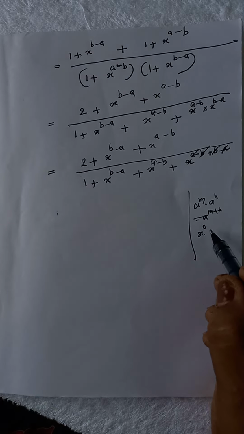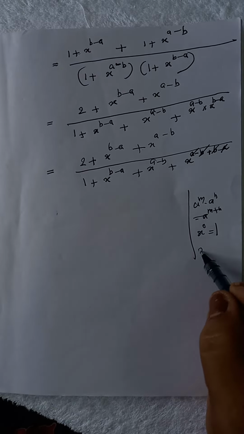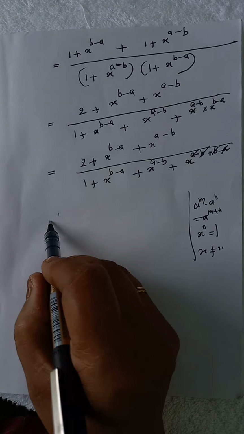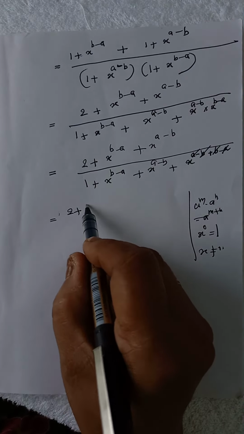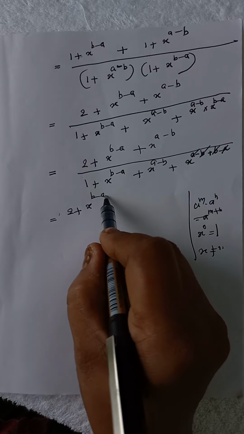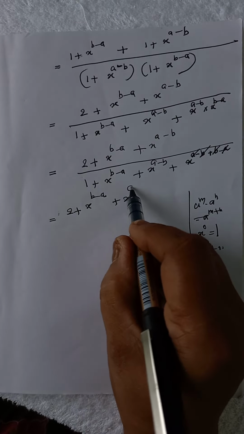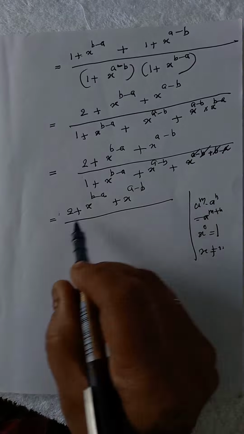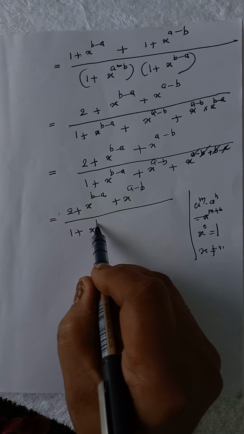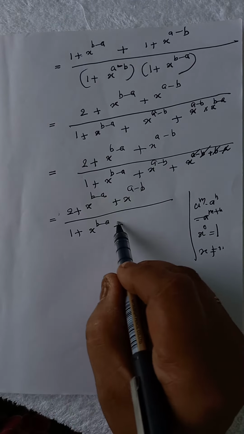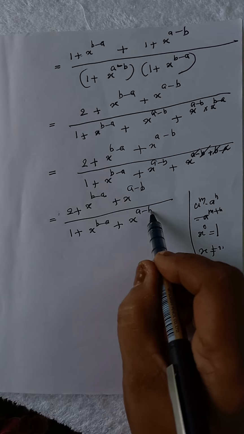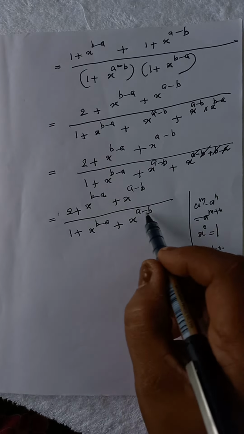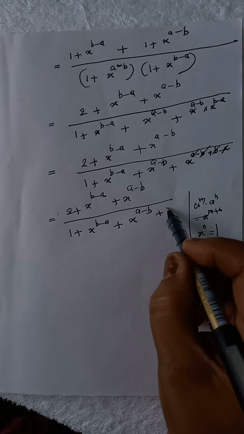So x raised to 0 is 1 if x is not equal to 0. So we can rewrite this as 2 plus x raised to b minus a plus x raised to a minus b whole divided by 1 plus x raised to b minus a plus x raised to a minus b. Now this is x raised to 0, that is 1.